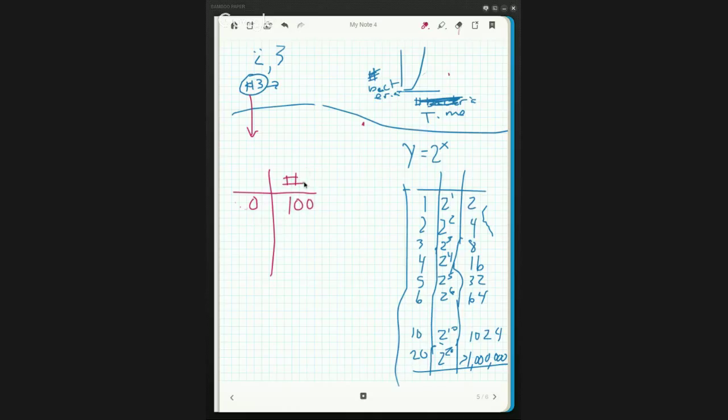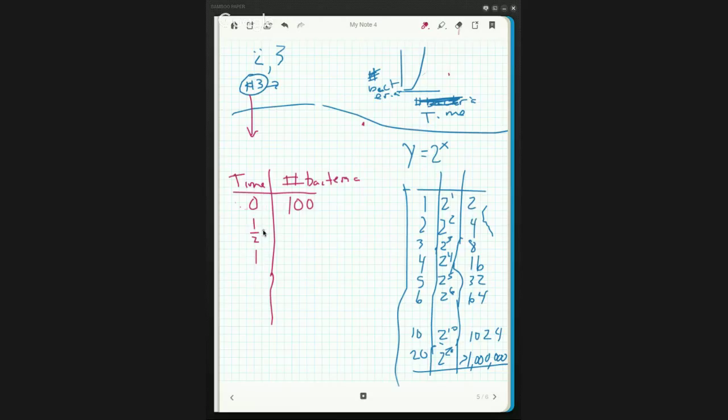So that's the number of bacteria, and this is the time. At time 30 minutes, that's a half an hour, it has doubled. So every half hour, this thing doubles. After a half hour, it's doubled.